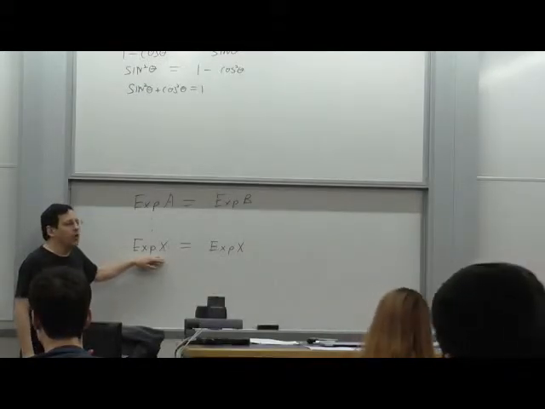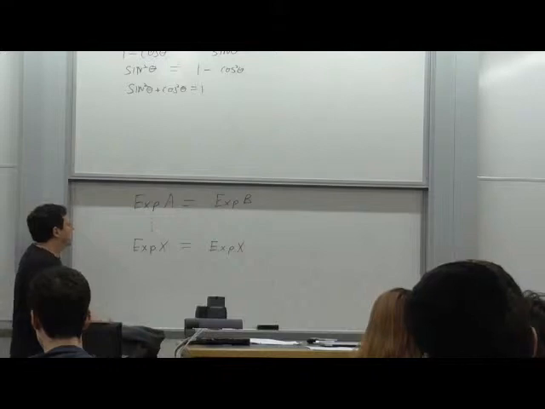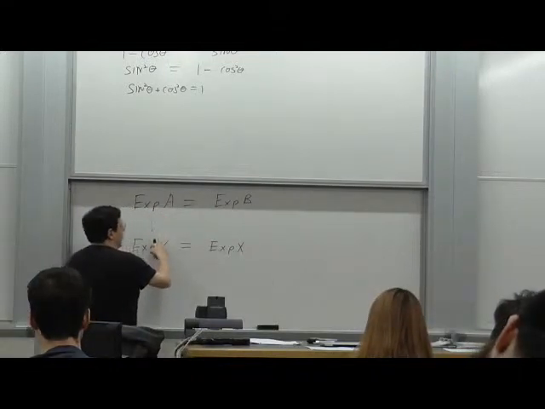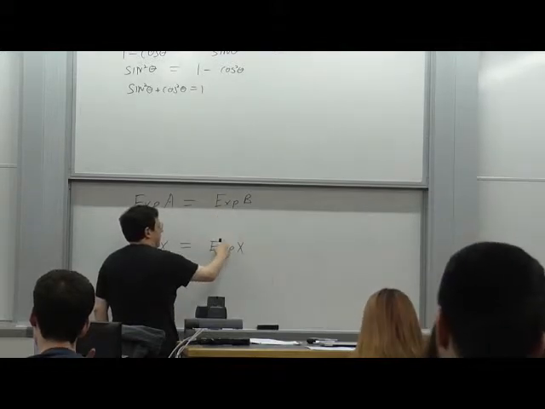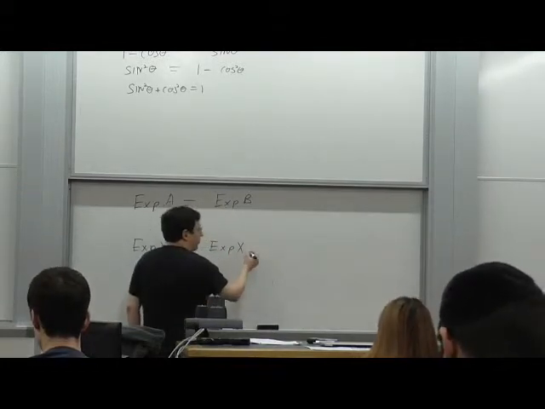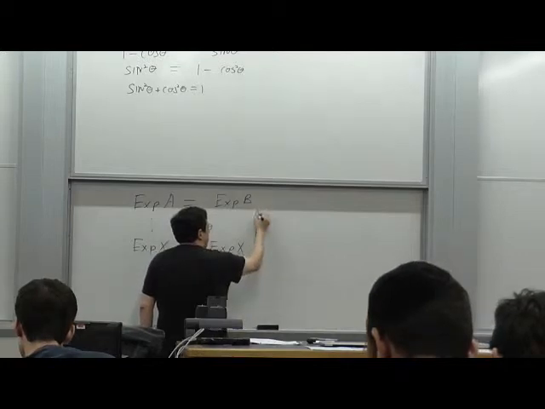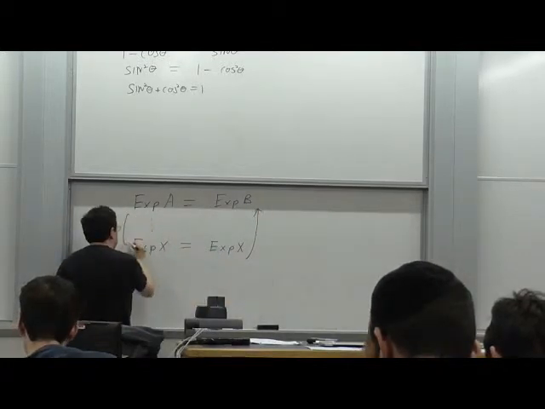Now, the reason this works is because whatever steps you take to get here are valid. Whatever steps you take to get here are valid, or hopefully reversible. If they're not reversible, this doesn't work.